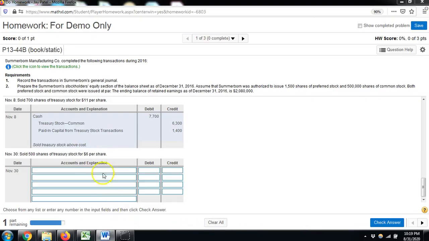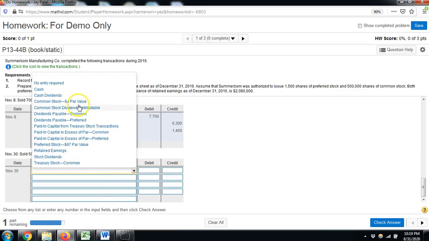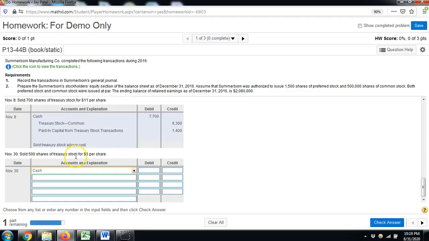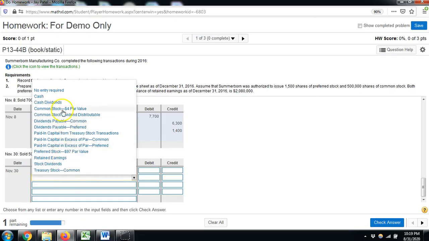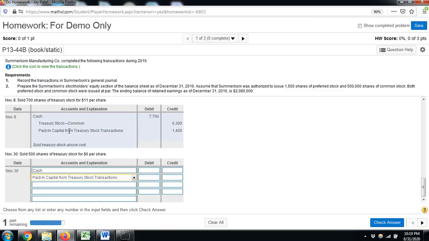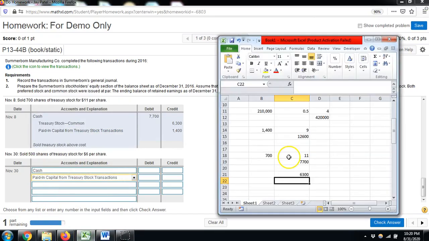So we're going to have cash, we're going to have, in this case, I'm just going to line it up because I kind of foresee what's going to happen here. So actually, let's do this. Let's calculate what the loss is.